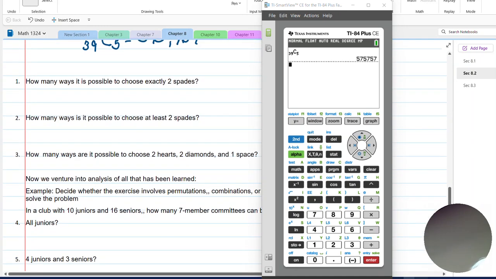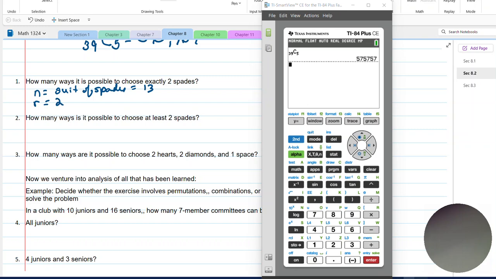In how many ways is it possible to choose exactly 2 spades? Okay. And in this case, we're saying 2 spades. The suit of spades is 13. The r is 2.